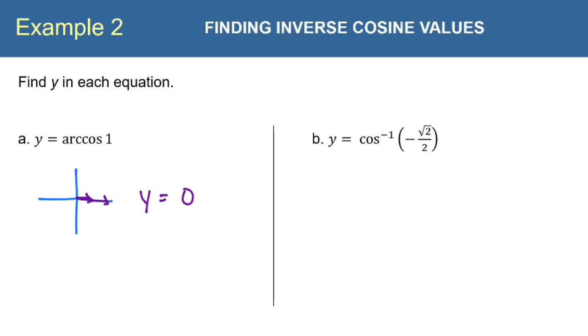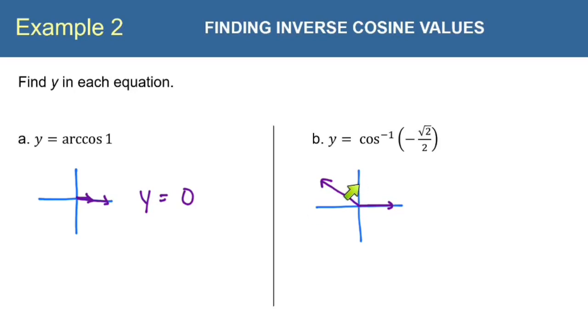For part B, we have y equals cosine inverse of -√2/2. Okay, remember, cosine inverse has to give us an angle in either quadrant 1 or quadrant 2. Because this is a negative cosine value, we know that we're looking for a quadrant 2 angle. And because the cosine value that's being plugged in here is -√2/2, we know that the reference angle here will be 45 degrees.